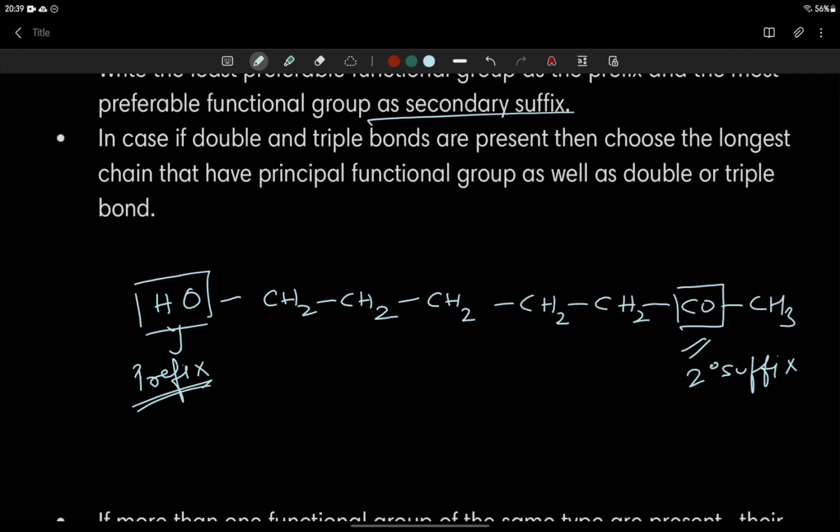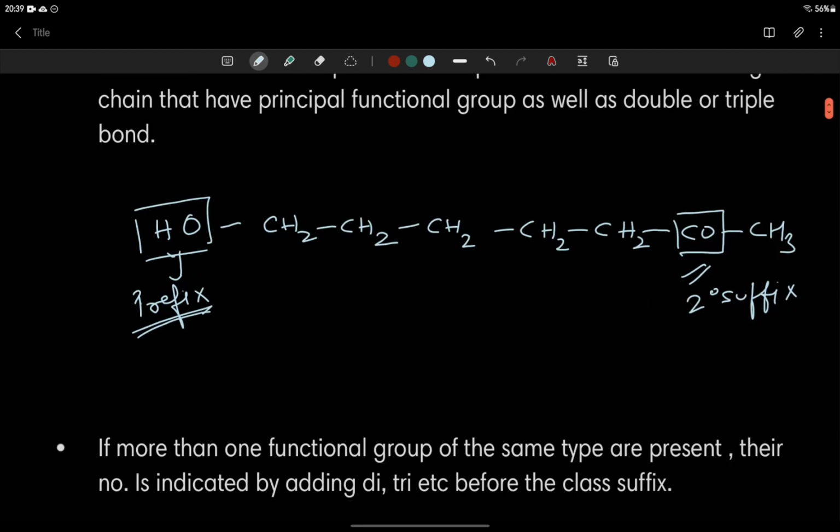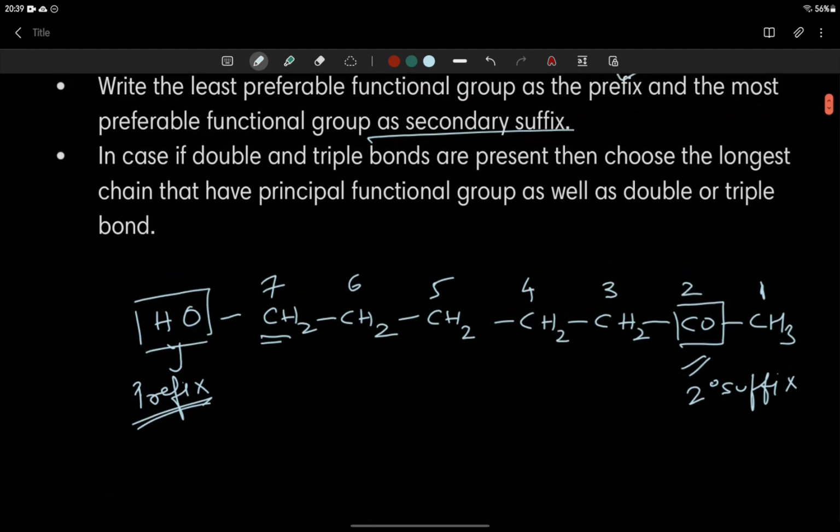So to write this, first of all I have to number the carbon chain. I have to select the longest possible chain. We will begin from here, because CO is the principal functional group and I have to give the lowest possible number to it. So numbering it like that. Now, in the 7th position, and you remember the mantra, first you have to write the prefix.